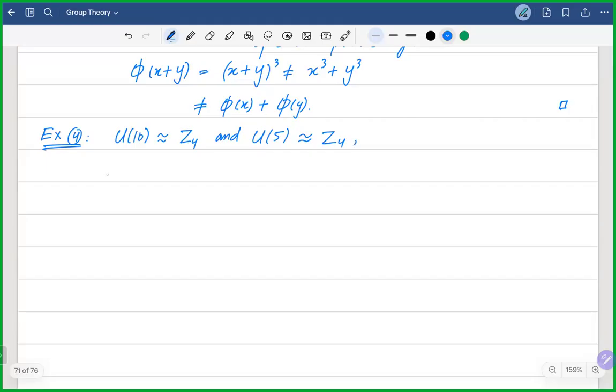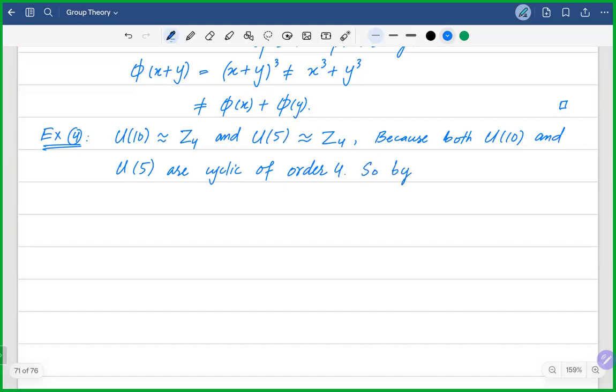Because both U of 10 and U of 5 are cyclic of order 4, by example 2, it is true. Perfect.